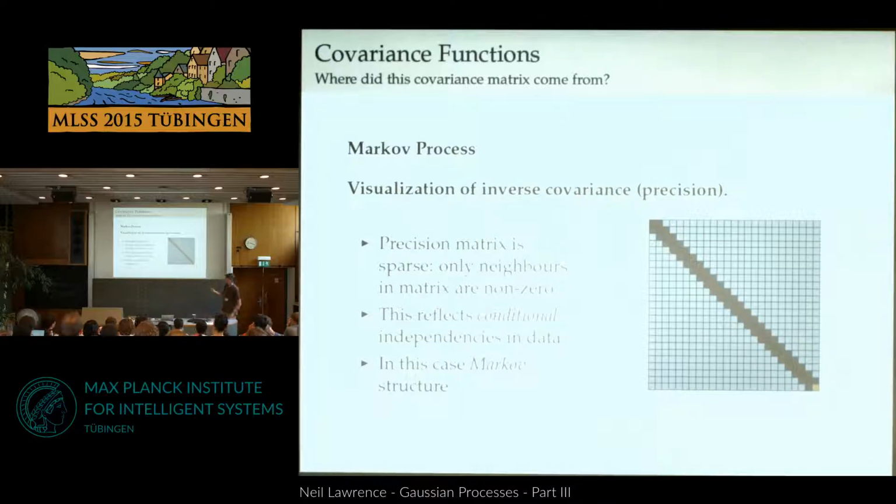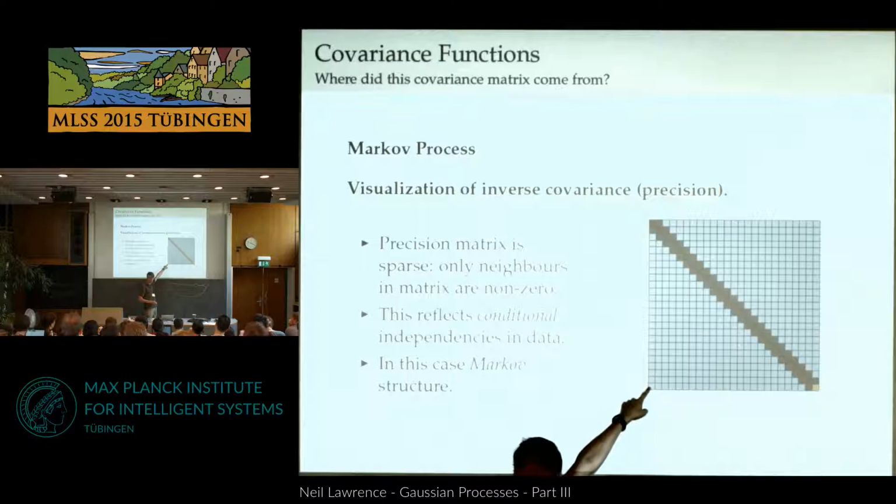And this will always show you the structure of that graph. So this is showing you that there's a chain structure between all these variables. That's what the tridiagonal matrix means. If there was an off-diagonal point here, it would say there's also a loop going around like that. And that's very rare.